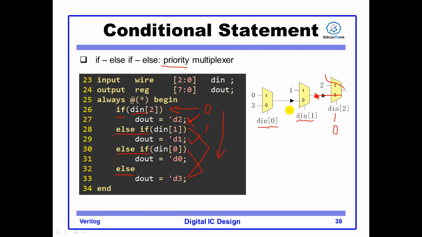After this section, you need to have the ability of consistency between RTL code and block diagram. That is, given the block diagram, you can write the RTL code for it. Or given the RTL code, you can draw the block diagram for it.